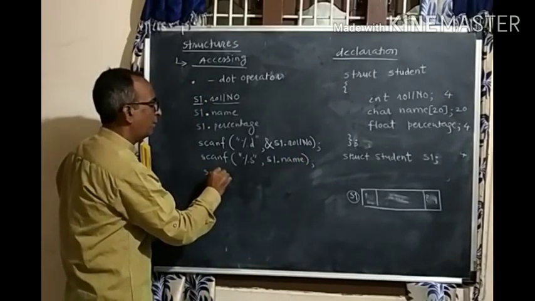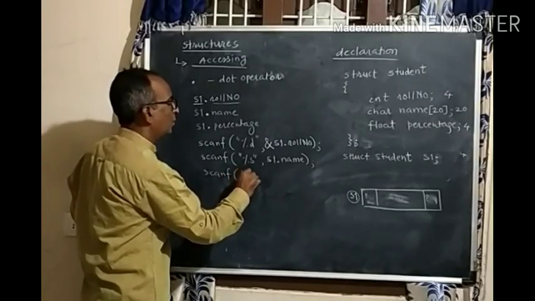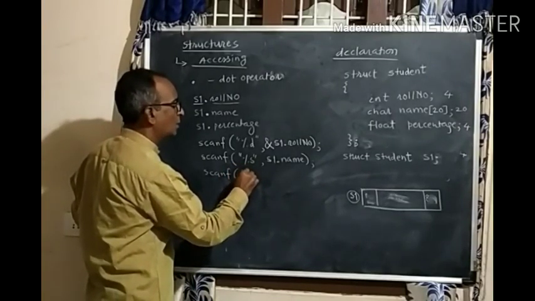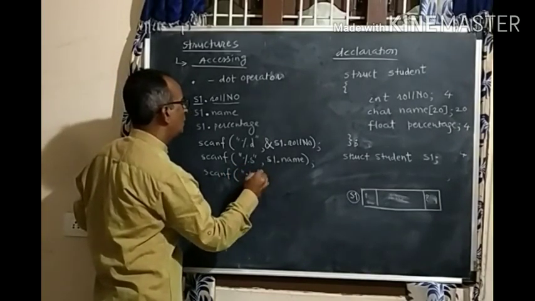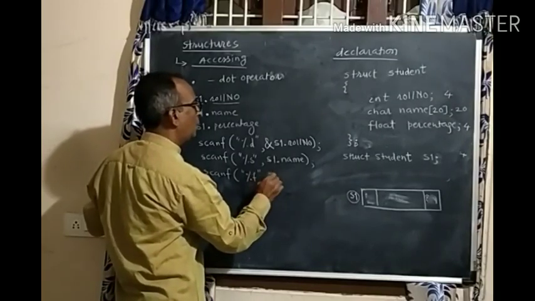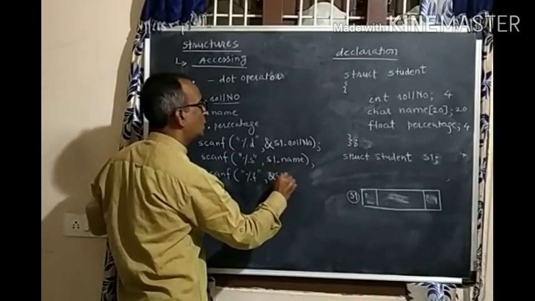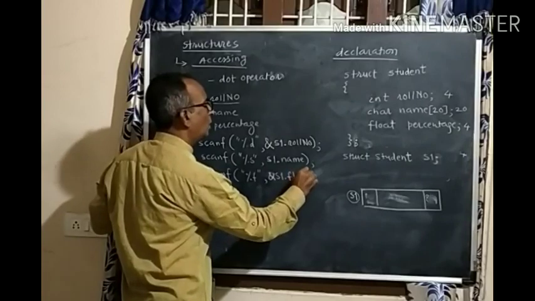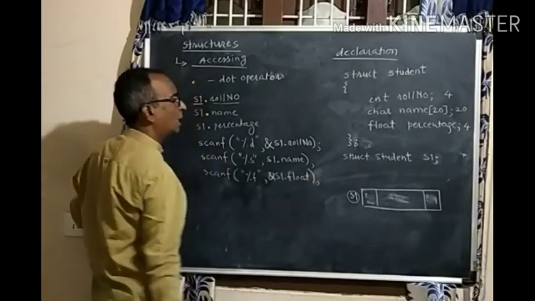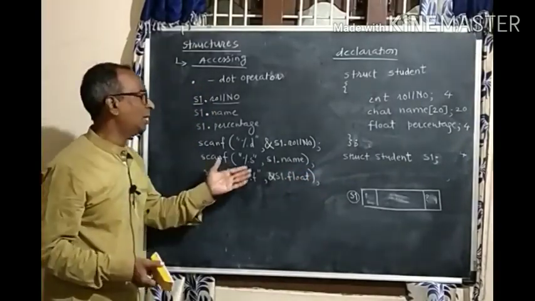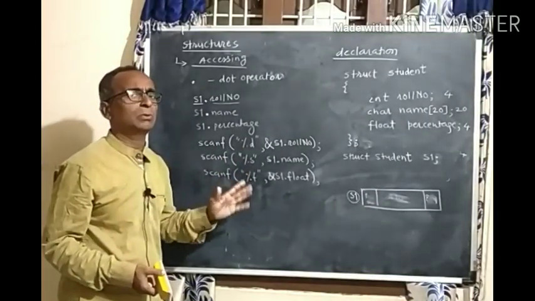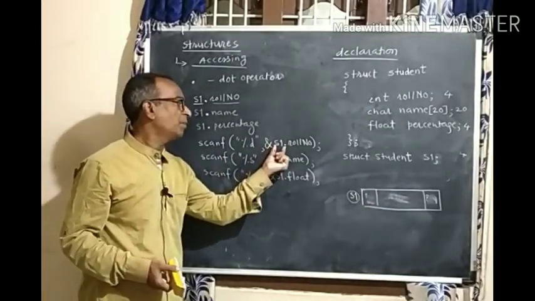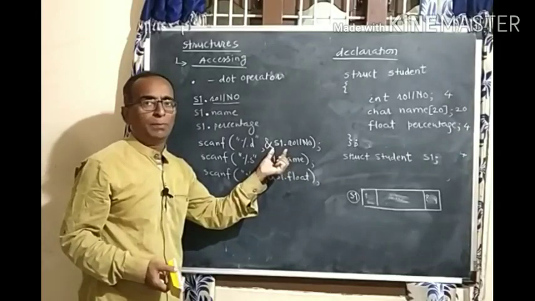Then scanf, percentage float value you are giving, ampersand S1's percentage. Normally whatever way you have written scanf till now, the same way it will go on for structures also. It differs only in where you want to store.